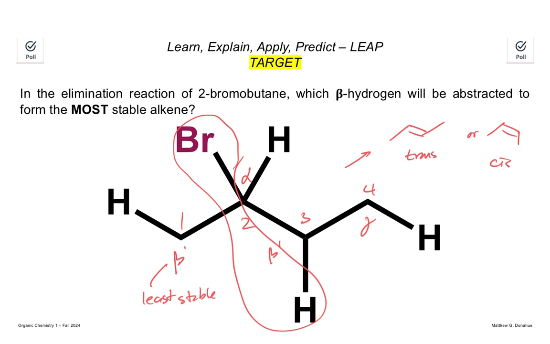So any one of those can be abstracted. But with beta prime, now it will matter because we need to achieve that 180 degrees between the H and the leaving group. So the relationship between green and purple and red and purple is going to be different. So they'll give you the cis or the trans depending on the dihedral angle.